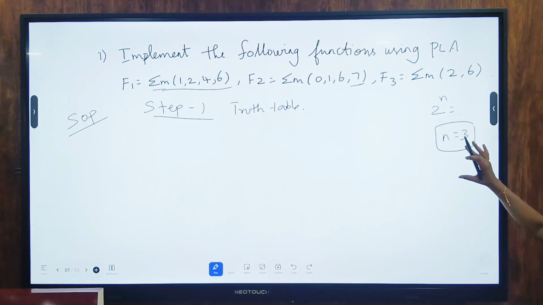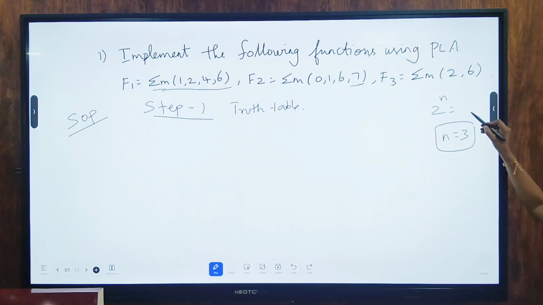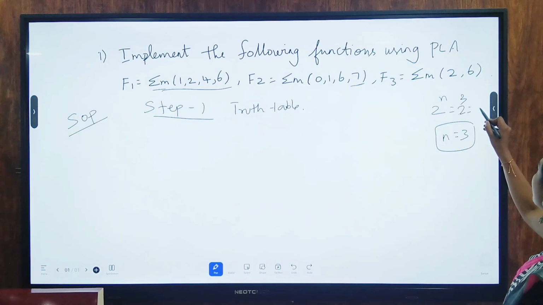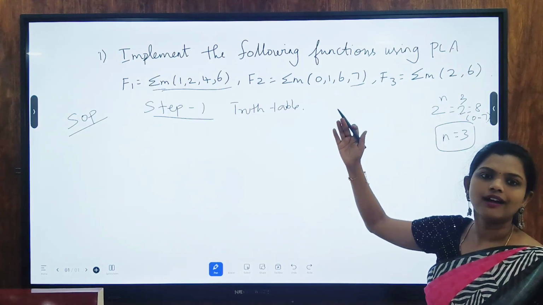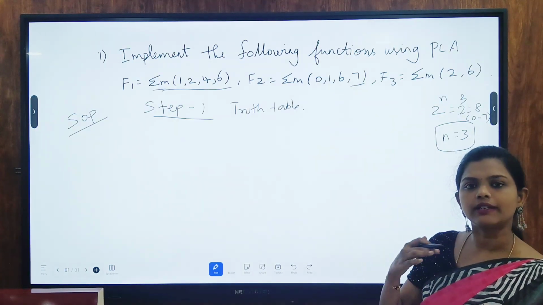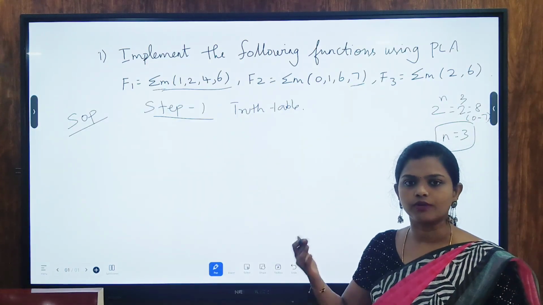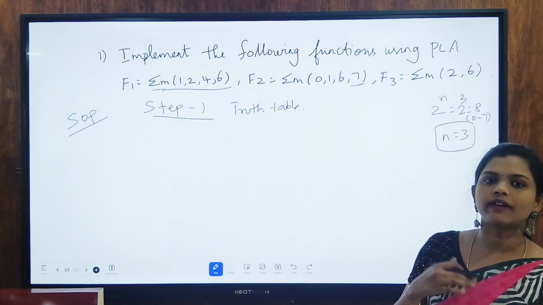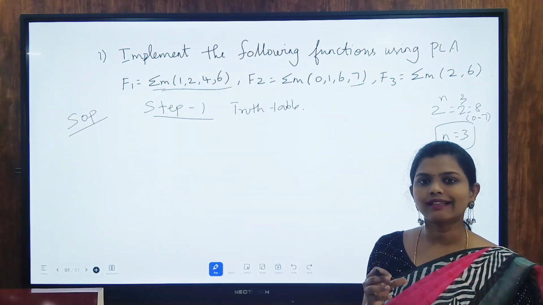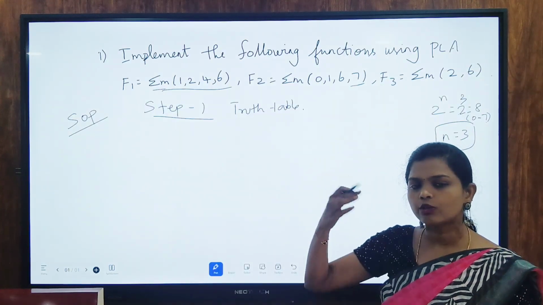So here we are going to take 3 variables. So 2 power 3 equal to 8, that is 0 to 7. If it is more than 9 or 10, then we are going to take n equal to 4, so 2 power 4, and so on. Since we are taking 3 variables, 2 power n equal to 8, that is 8 possible inputs, so 0 to 7.